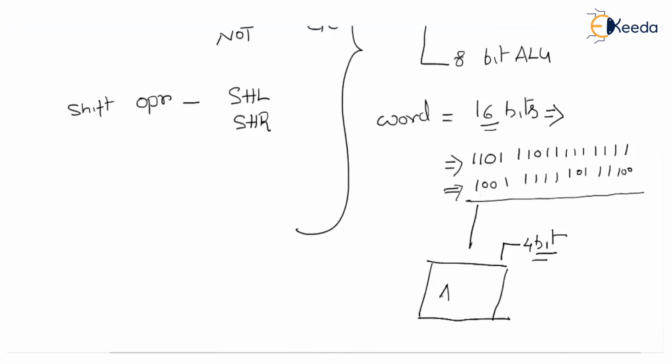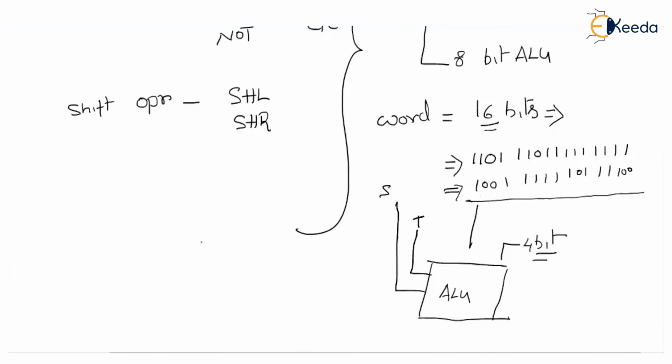Every ALU, let us say this is ALU, every ALU is going to have two local registers, namely S and T. First thing is, this S and T are local registers to the ALU.